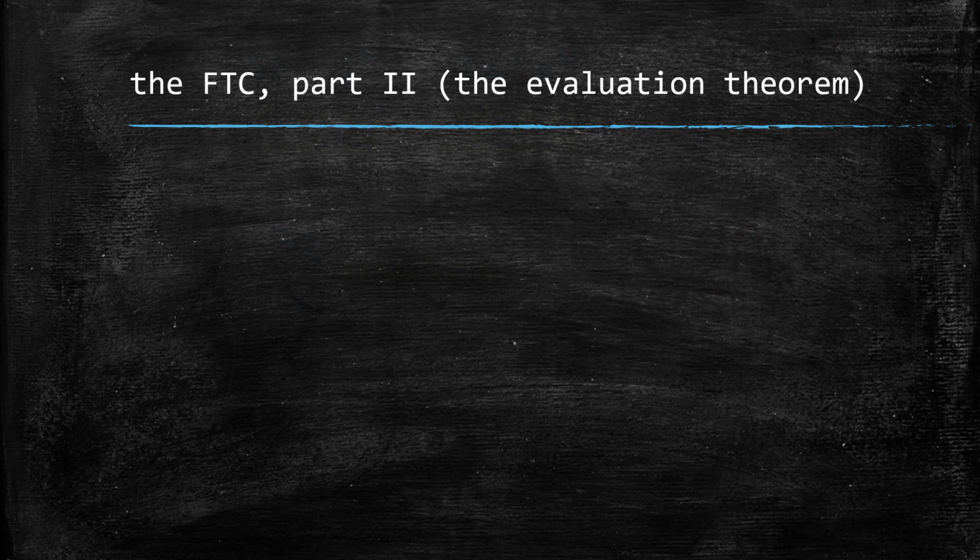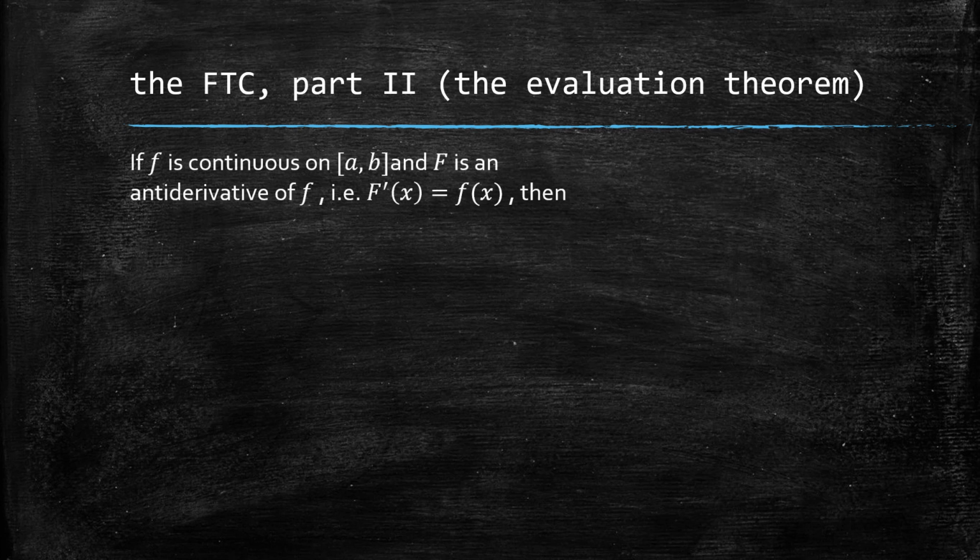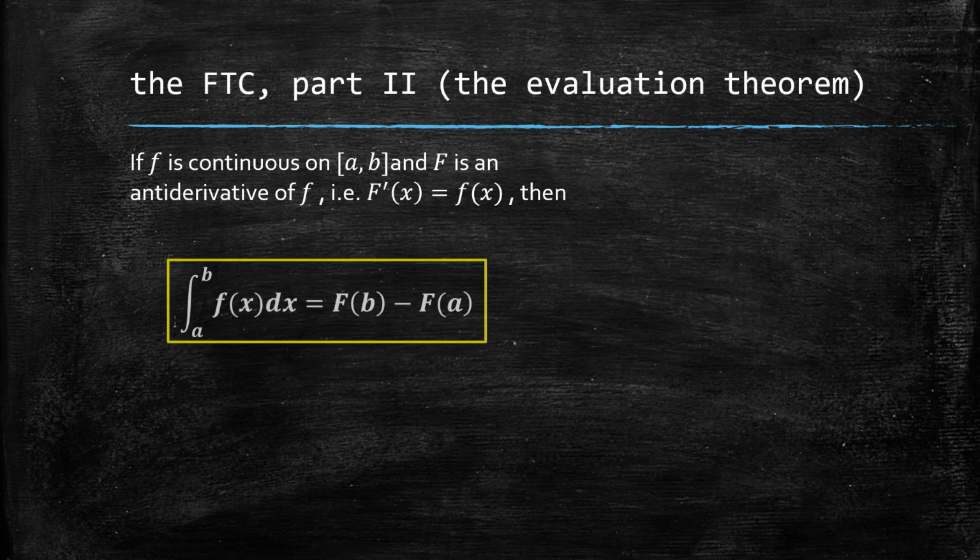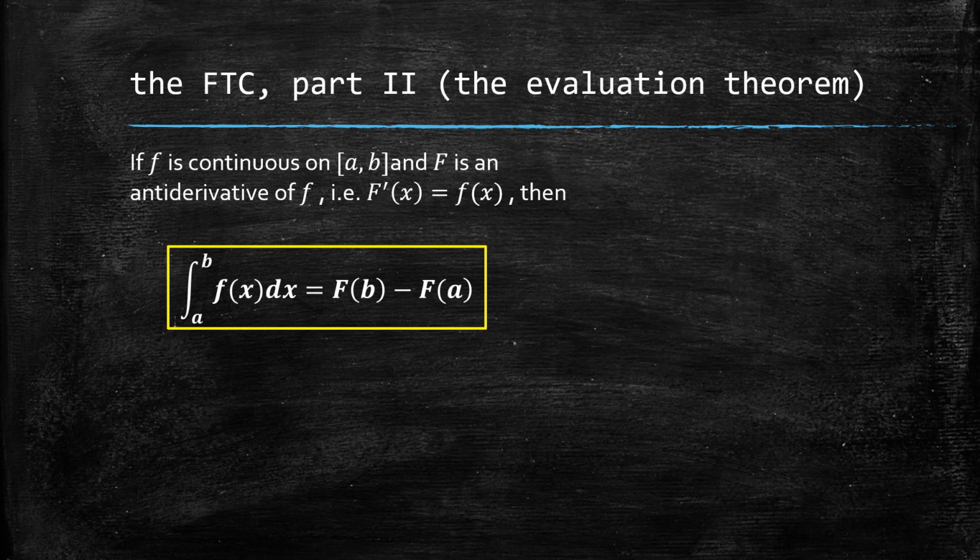So let's formalize the fundamental theorem of calculus part 2, also known as the evaluation theorem and abbreviated FTC for short. If f is continuous on the closed interval [a, b], and uppercase F is an antiderivative of f, i.e. F prime of x equals little f of x, then the integral from a to b of f of x dx is equal to the antiderivative evaluated at b minus the antiderivative evaluated at a.